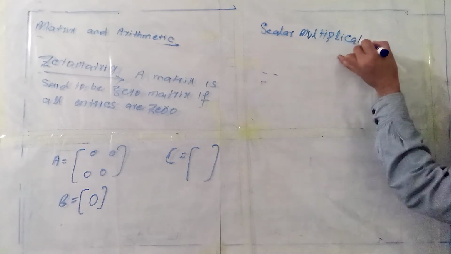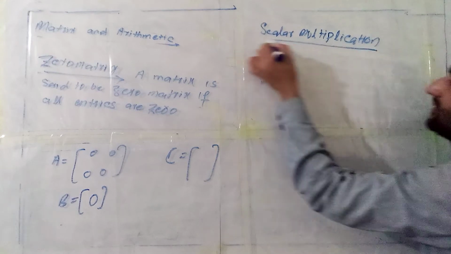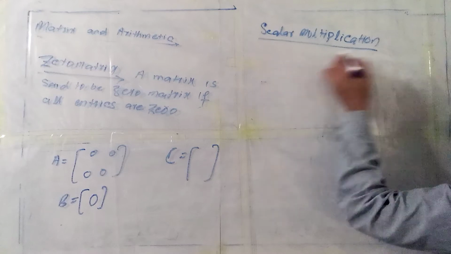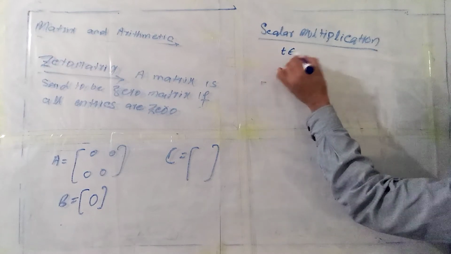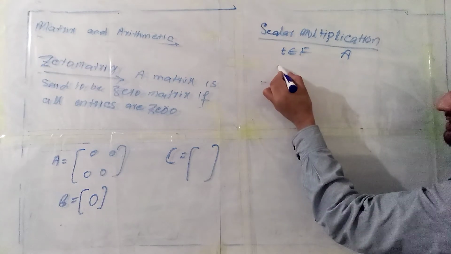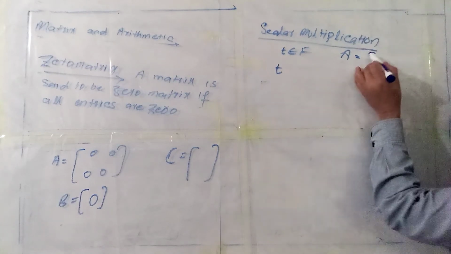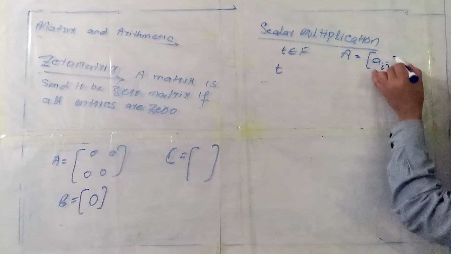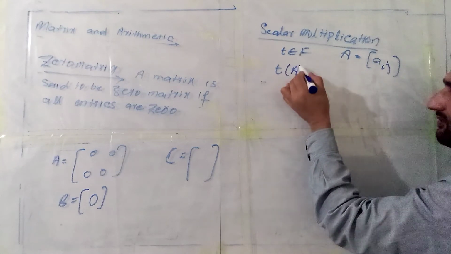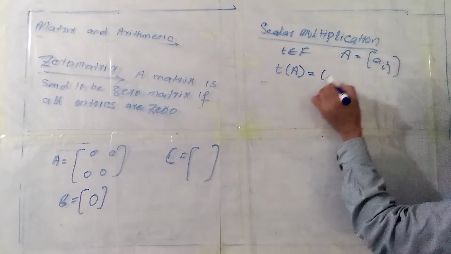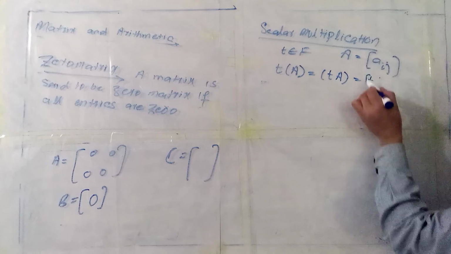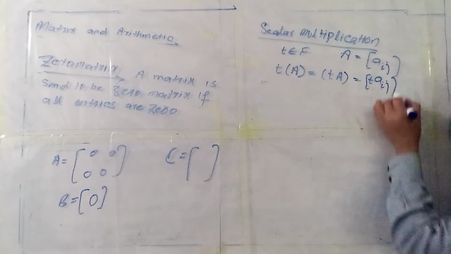For example, T belongs to F, an element of the field, and A is any matrix with entries Aij. Then T times A means T times Aij for each entry.